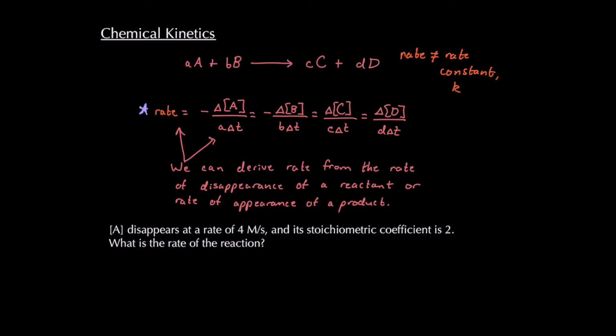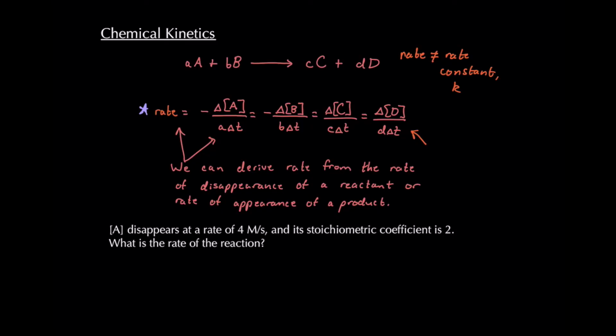So I've written here that we can derive the rate from the rate of disappearance of a reactant, so how quickly a reactant is disappearing, or the rate of appearance of a product. And we can do either or because when a reactant is disappearing, it will be appearing as a product. And we can see this in this equation here, where the delta just means change in a certain amount of variable. So in each numerator, we have the change in either a reactant or a product.